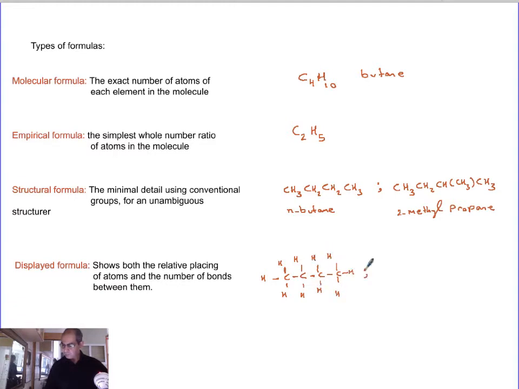And if I want to show 2-methylpropane, I do the same thing. The longest chain is 3 carbons. On the second carbon is another attachment, another methyl. So this is the displayed formula for 2-methylpropane.